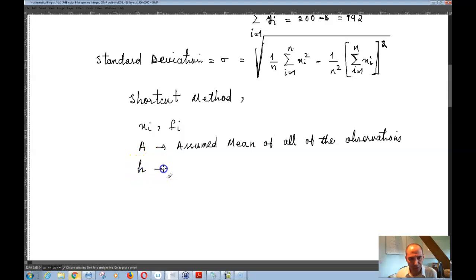And then we had something called H, which was the class size.